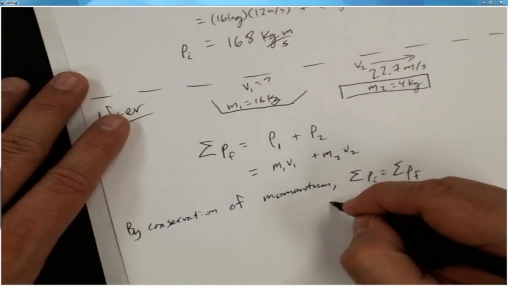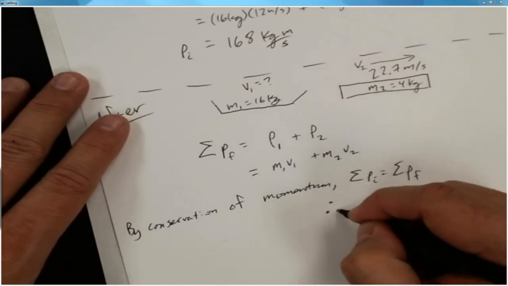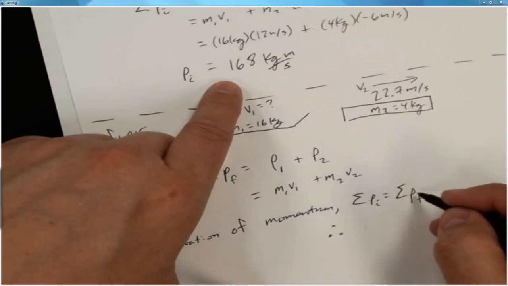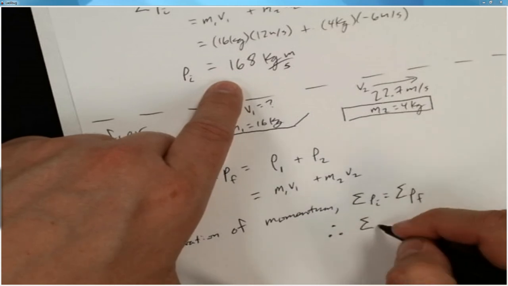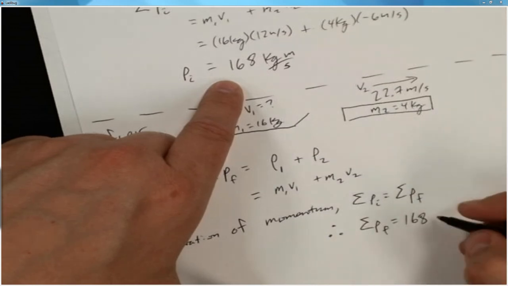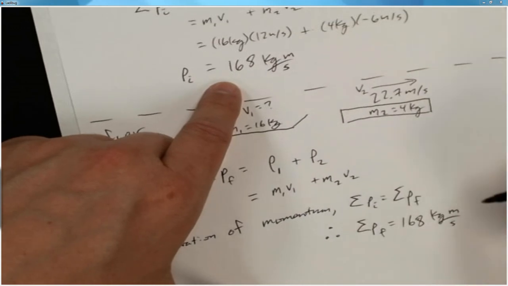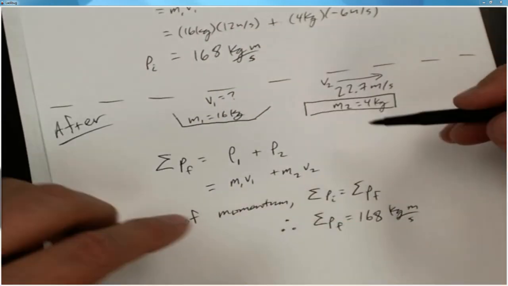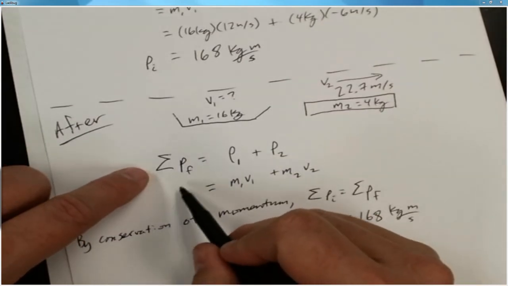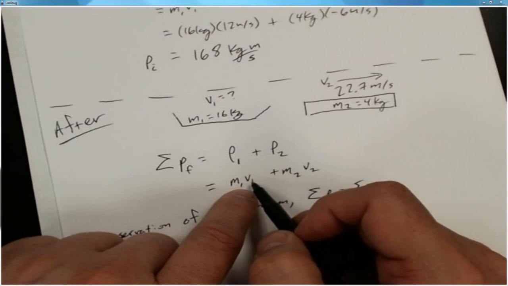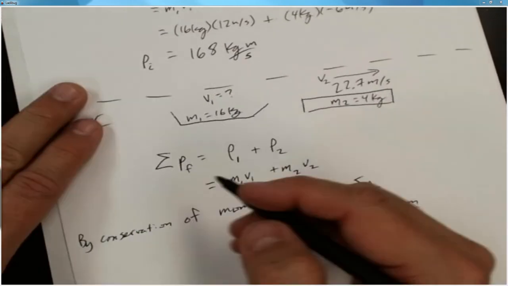Therefore, these 3 little dots mean therefore, the sum of all momentums finally must be equal to 168 kilogram meters per second. Because if the initial was 168, the final has to be 168 too, which means this is 168 right here. The final is 168, and 168 is going to be equal to M1V1 plus M2V2.